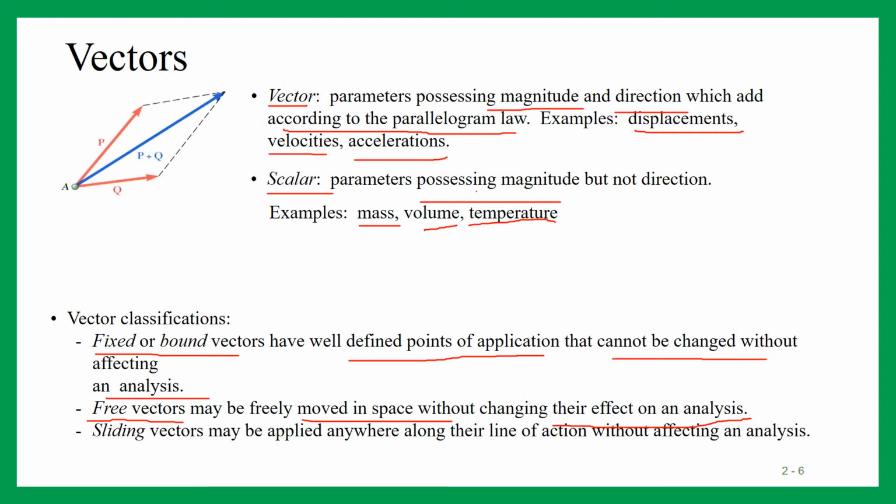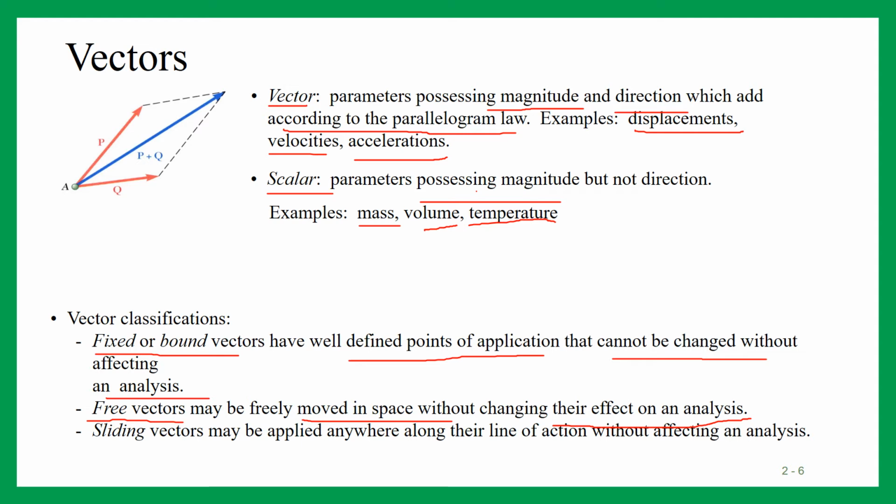Then there are free vectors that can be freely moved in space without changing their effect on an analysis. Free vectors are those that you can move along the line of action, or in space, and there will be no effect in the analysis.